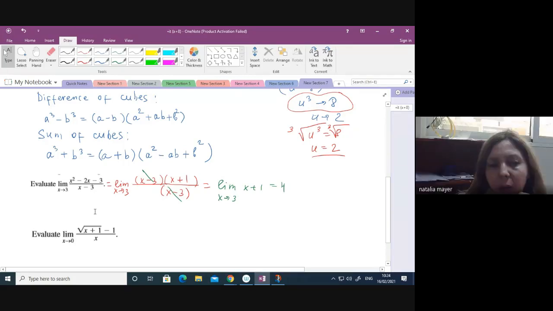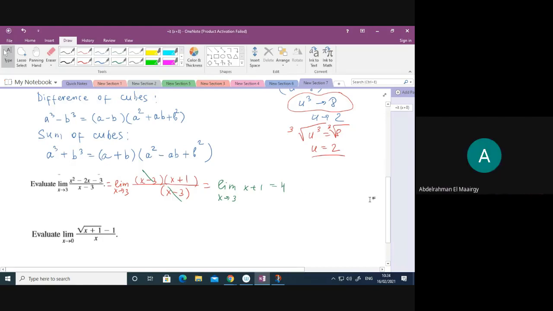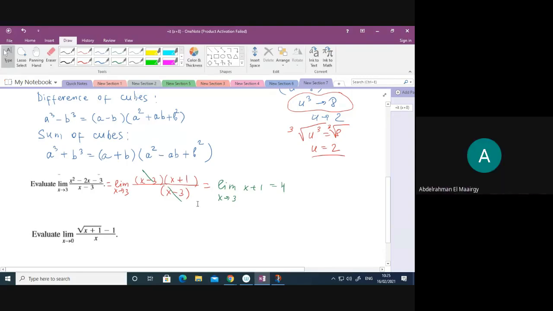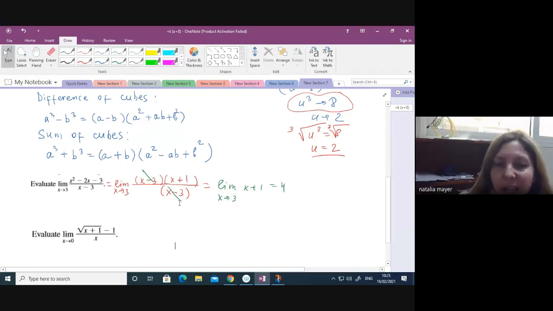It's undetermined, exactly. But actually it's a hole. The function is undefined at 3, but the limit exists. It's a linear function with a hole.